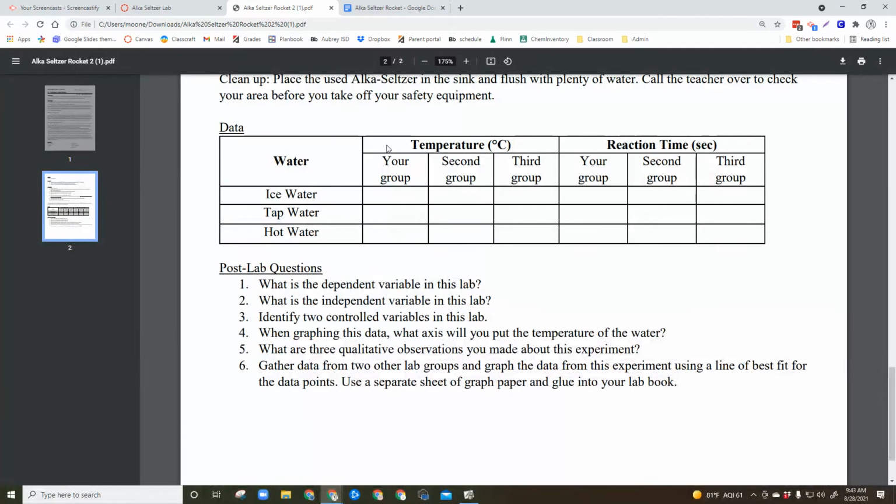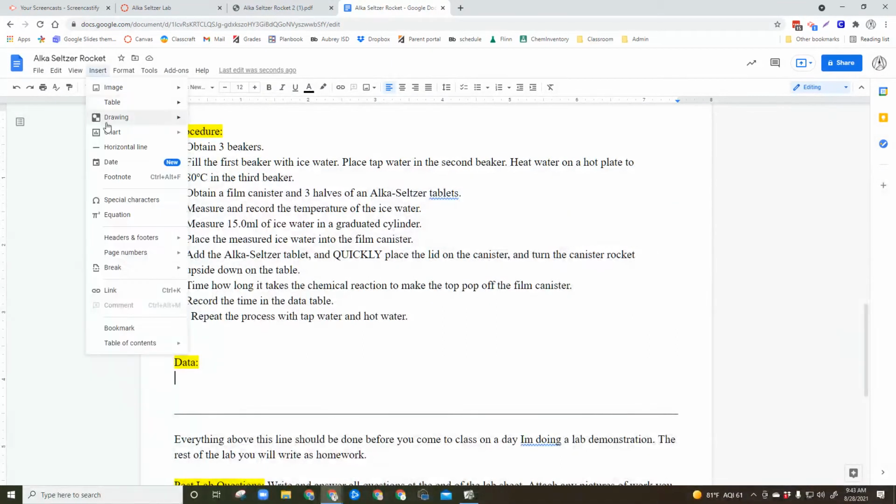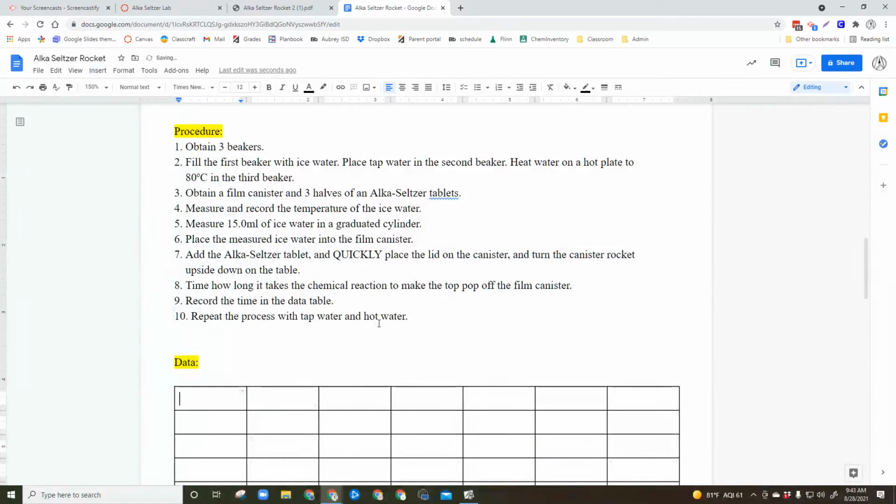No, it's 2, 3, 4, 5. So 7 by 5. So here we're going to go insert a table and we're going to do 7 by 5. There you go, just like that.